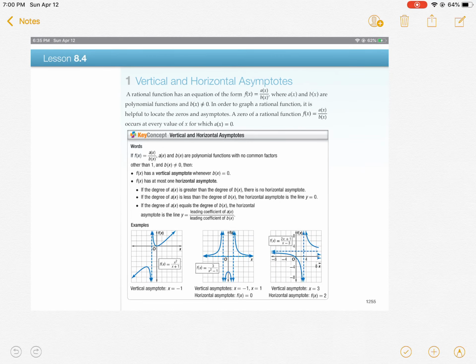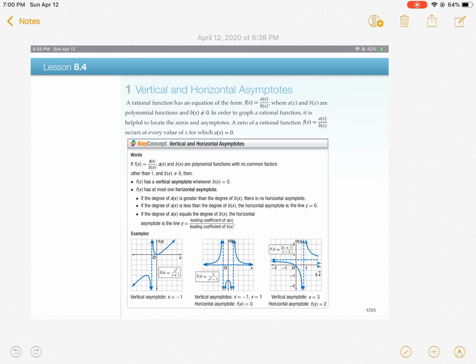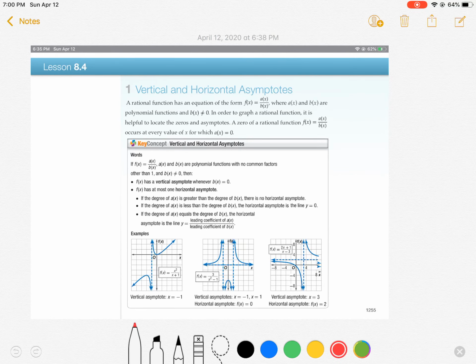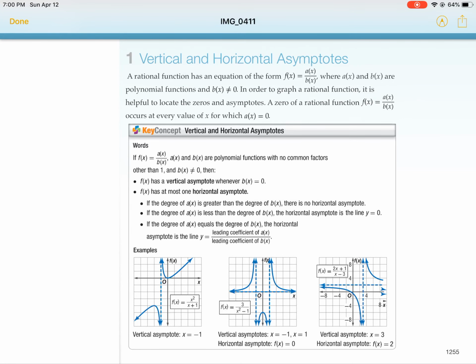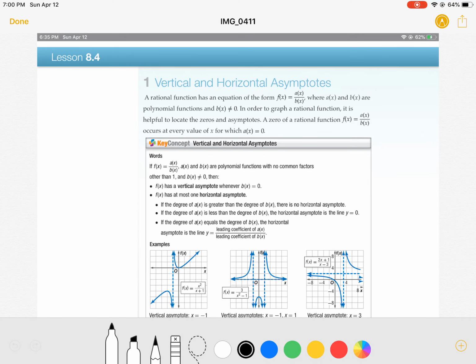So our equation is going to be in the form of y equals some function of x over another function of x. So we're going to say a of x and b of x. If the degree of a of x is less than the degree of b of x, then our horizontal asymptote is going to be y equals 0.